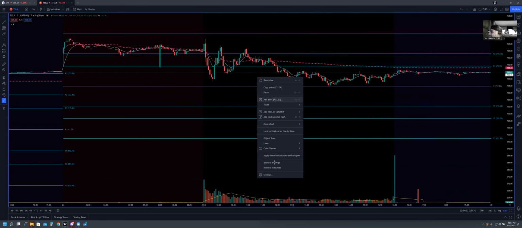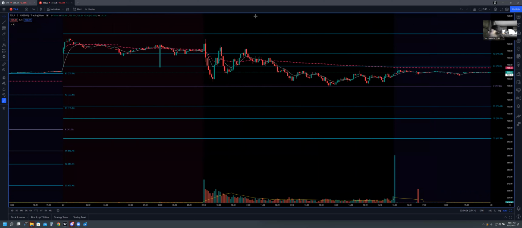All right, here's Tesla. Yeah, I do draw them like that sometimes. In a way, I think it's a little different, but yeah, I do draw all my support and resistance levels.